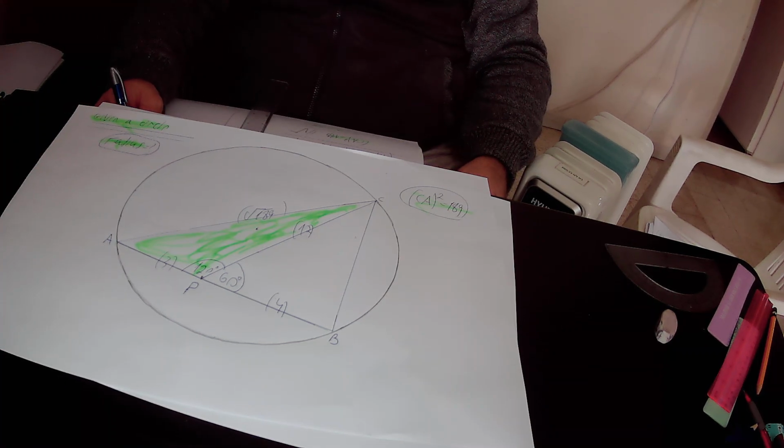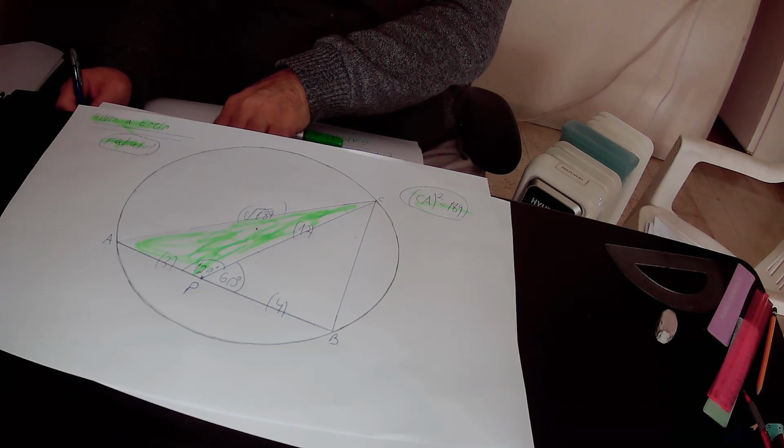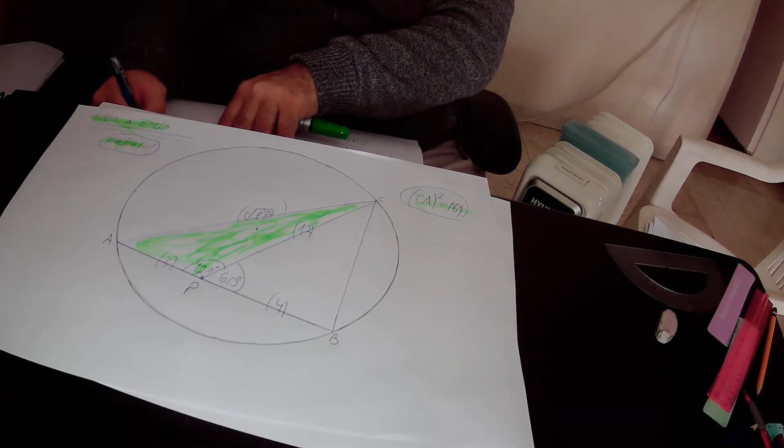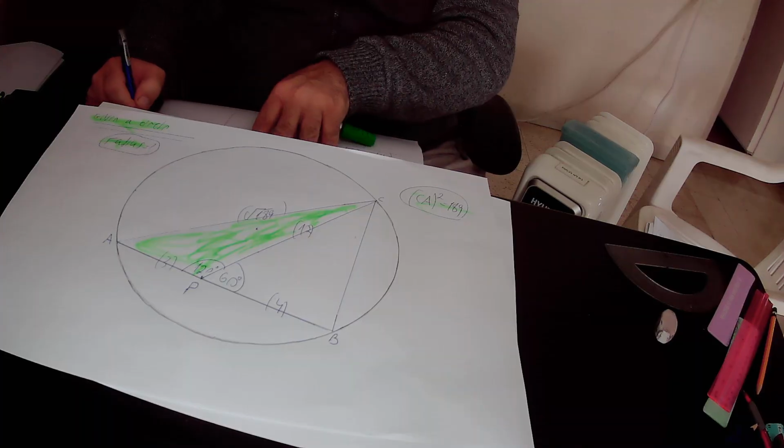So according to the law of cosines, in the right triangle CPB, the following equation is true.